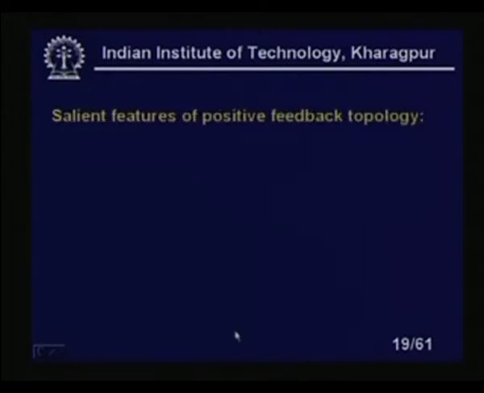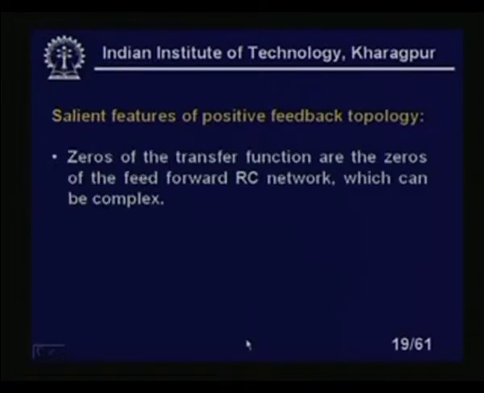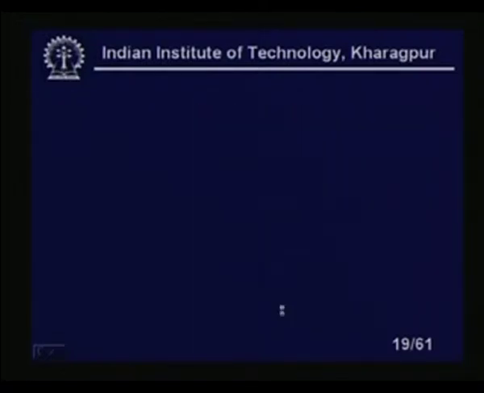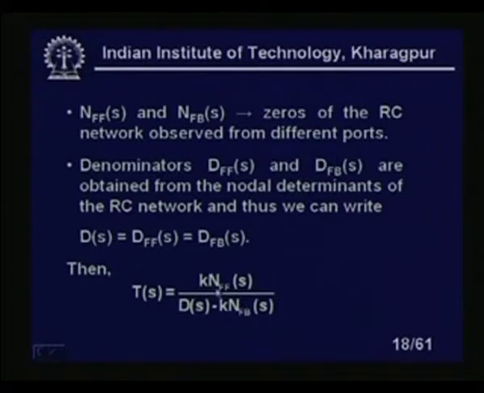So, salient features of this positive feedback topology, you see what the salient features are. Zeros of the transfer function are the zeros of the feed forward RC network, which can be complex, right. Quite obvious, you see what I am talking about. Zeros of the transfer function depend on the zeros of the feed forward transfer function, right, that can be complex, clear.